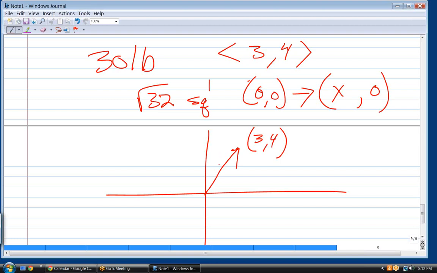What should I label here? This is a force. Vectors are great at measuring forces or velocities. So this is 30 pounds, and it's in that direction.